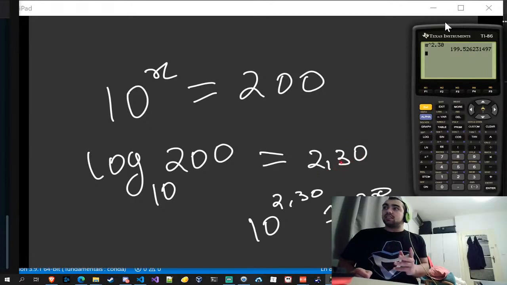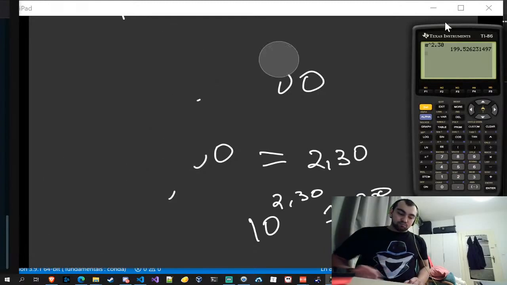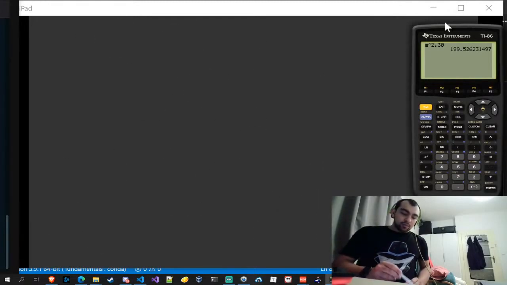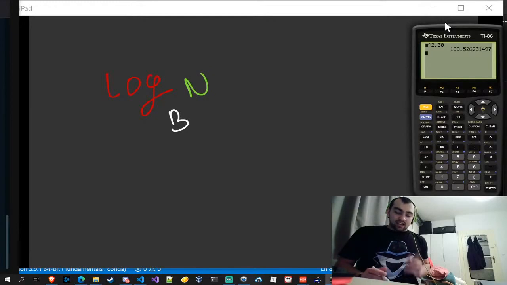If we had, it would be exactly 200. But can you see where we're getting to? So when I do log b of n, I'm just asking a question: what is the number raised to this base that gives this number?